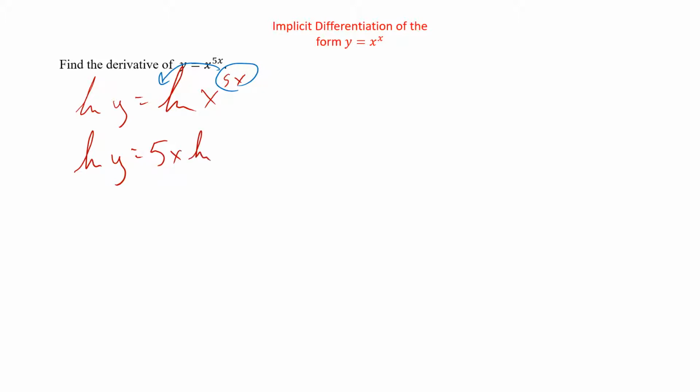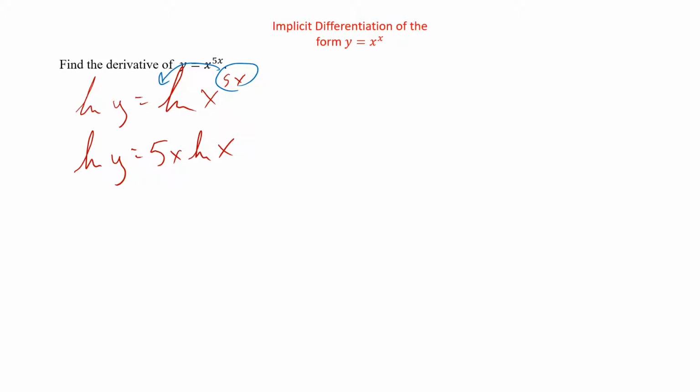So natural log of both sides, we have natural log y equals natural log of x to the 5x. And we do that so that we can move this guy out in front. Natural log y equals 5x natural log x.